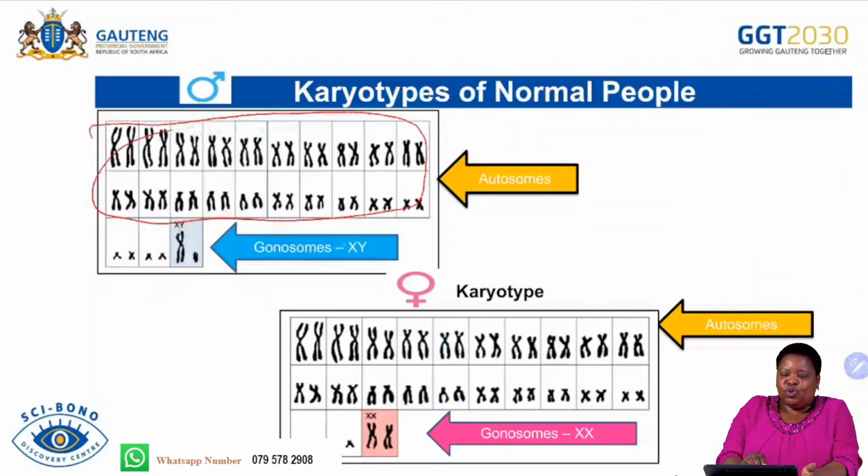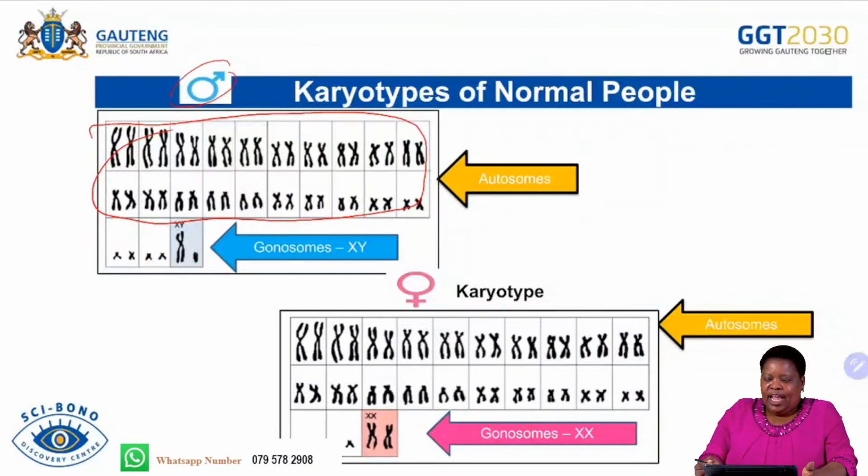These are gonosomes. So it means this individual is a male. And then with this one, on this karyotype, we've got a set of chromosomes. Can you see those? They are 44, and we call those the autosomes. And the last pair is XX.